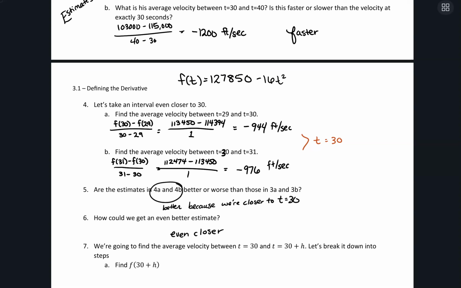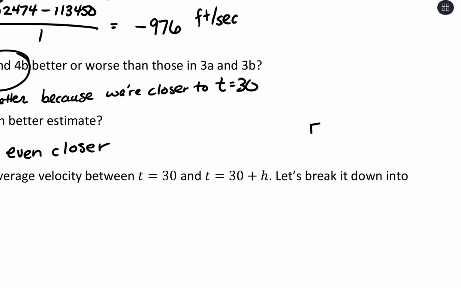And so this is going to be this idea of, if we're looking at 30 and then to 30 plus some increment of time, whether it's a half second, a 100th of a second, what we want to do is evaluate that as h is getting closer and closer to 0. Now looking at h equals 0 doesn't do anything for us, because just looking from 30 to 30, we're going to end up with a rate of change that's undefined. But what we want to do is look at, what if this gets infinitely close to 0?